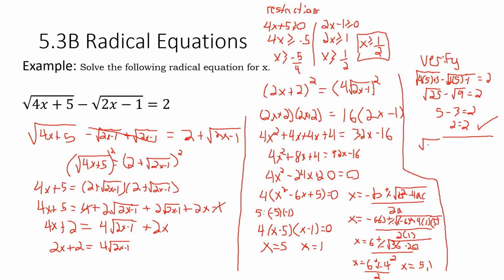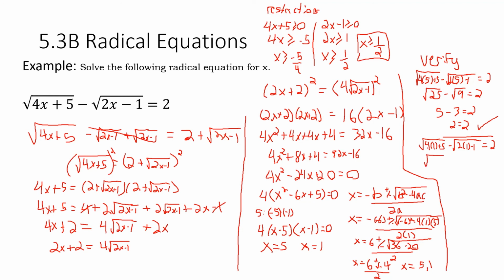So let's check with the 1. So 4 times 1 plus 5, and then we're minusing root 2 times 1 minus 1. And that's equal to 2.